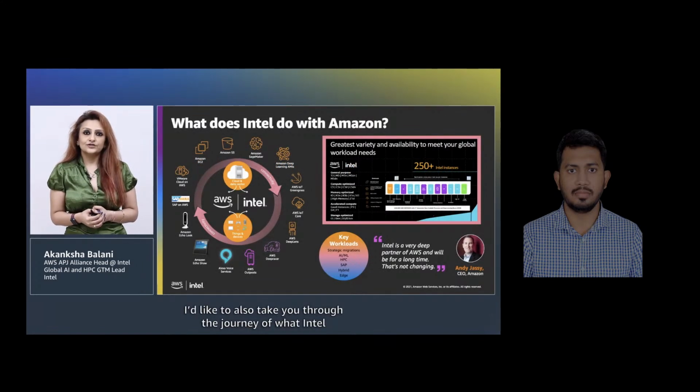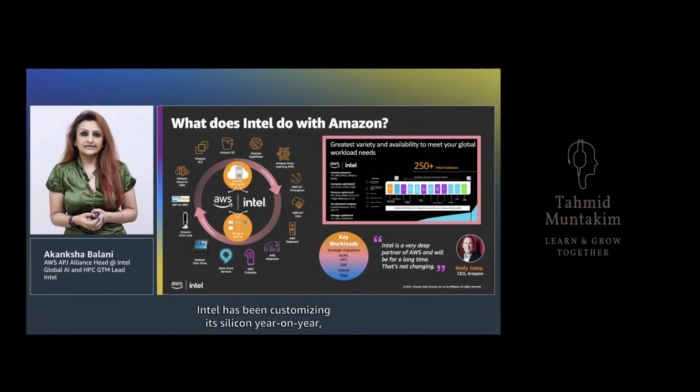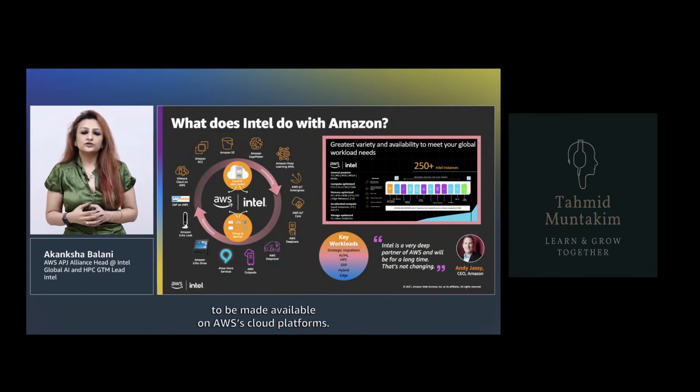I'd like to also take you through the journey of what Intel has been doing with AWS for the past 16 years. Intel has been customizing its silicon year on year, iterating on its technology to be made available on AWS's cloud platforms.